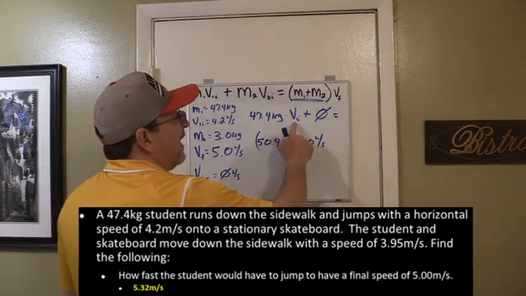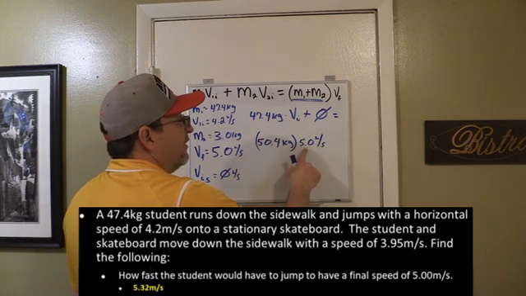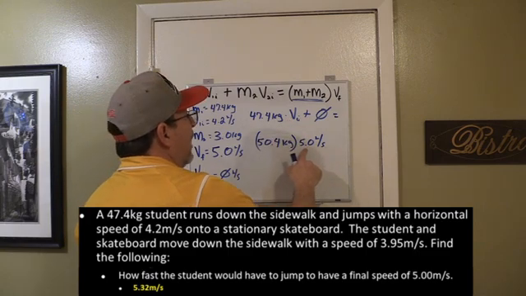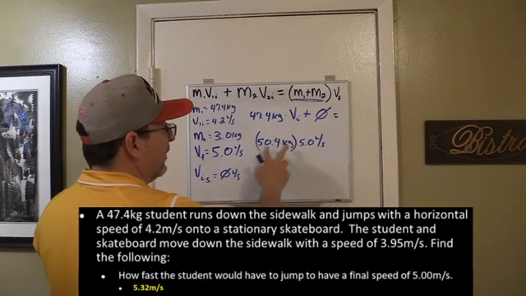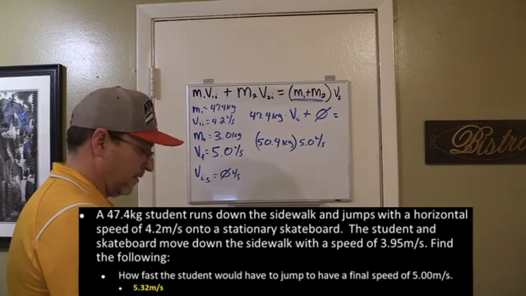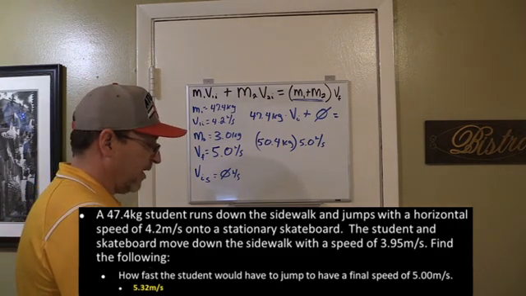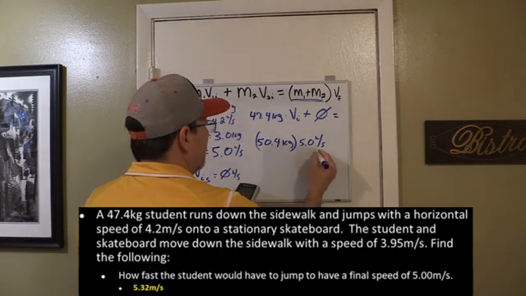Okay, I need to find out how fast the skater is going to have to jump onto the skateboard in order to achieve that. Okay, so let's go ahead and do this real quick. 50.4 times 5. This gives me 252.